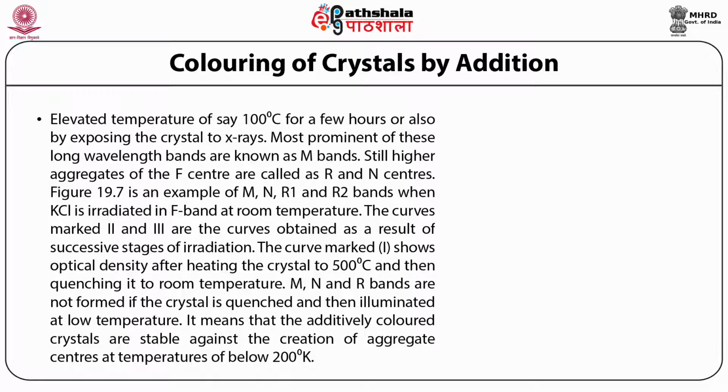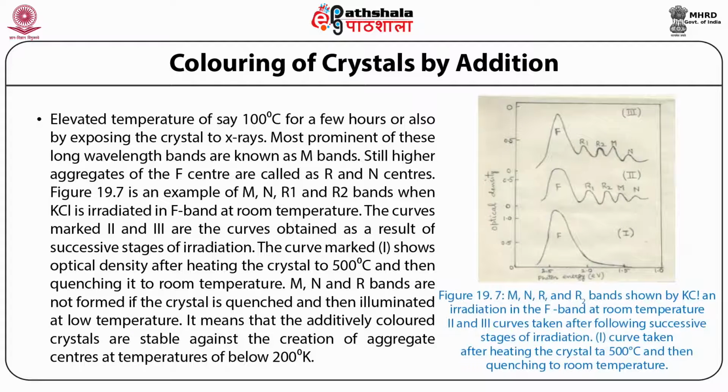Most prominent of these long wavelength bands are known as M bands. Still higher aggregates of the F center are called R and N centers.